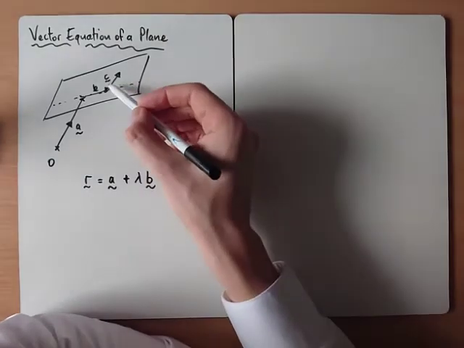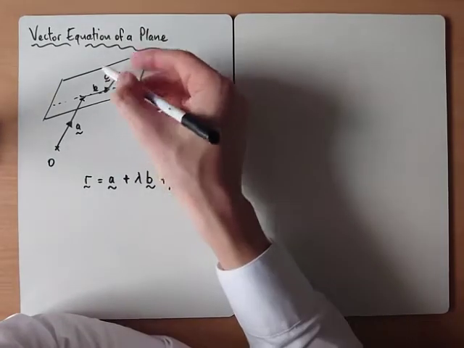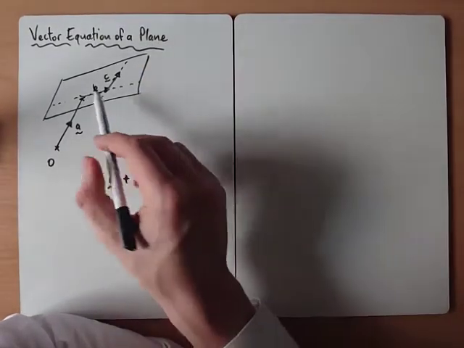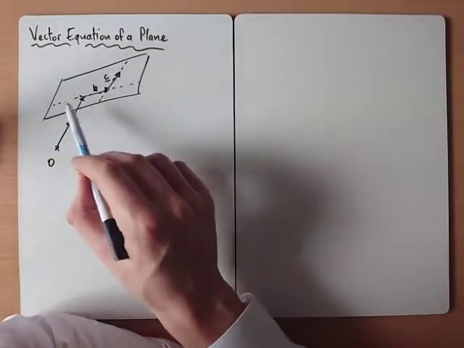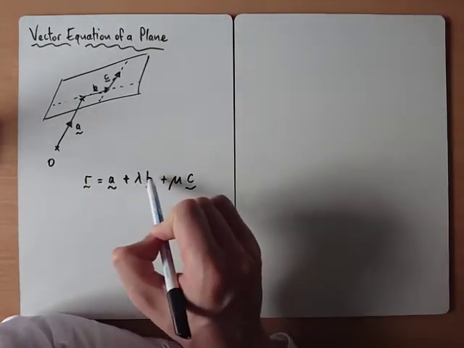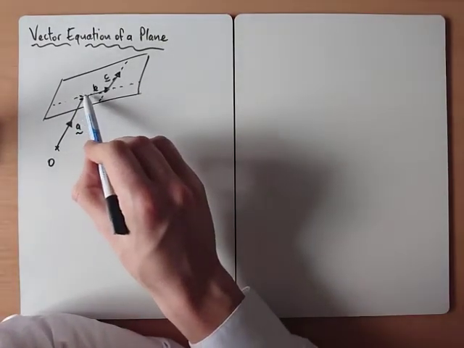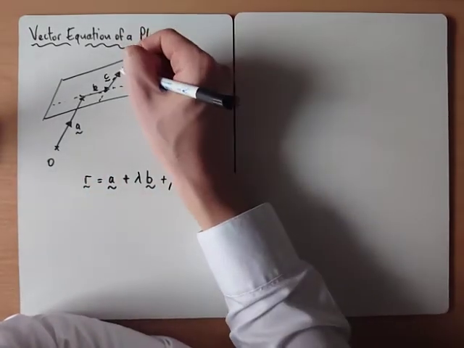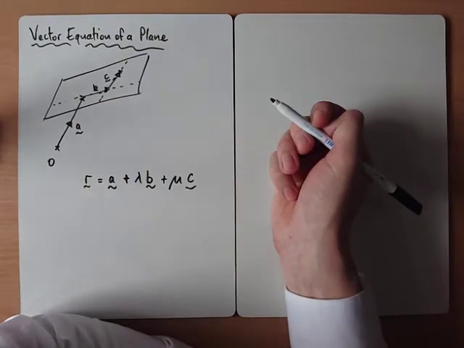And providing that these two vectors that we're using both lie within the plane, that allows us to move anywhere we want along this surface. Because just by varying what lambda and mu are, say if lambda was 1, we'd move one lot that way. If mu was 1, we'd move one lot that way. And that would take me to that point on that plane there, wouldn't it?